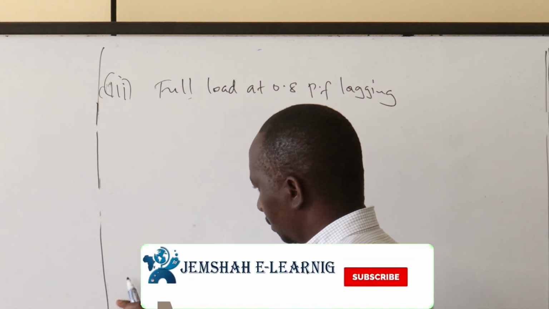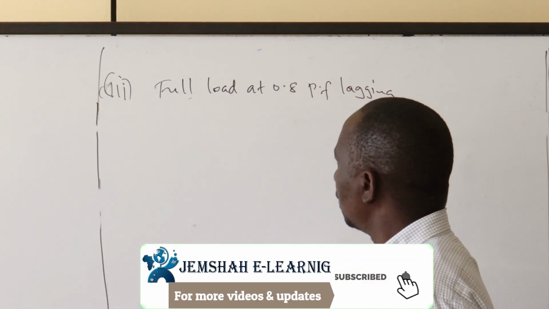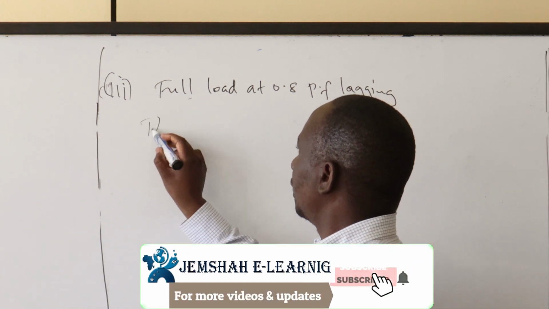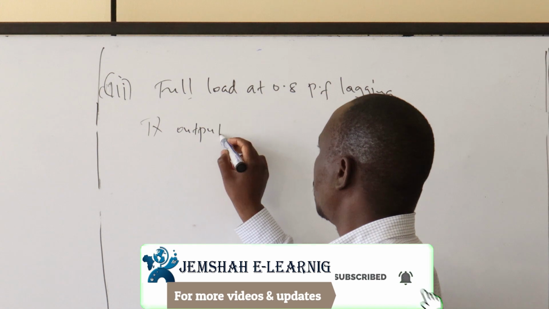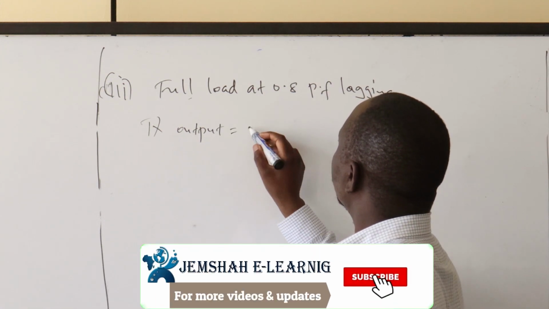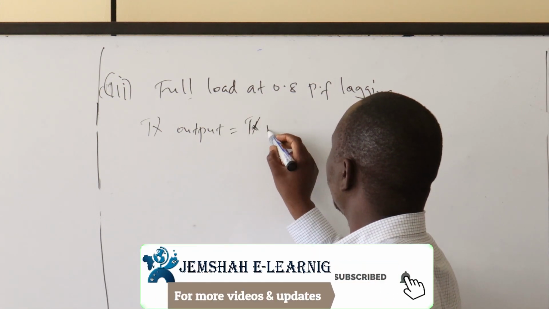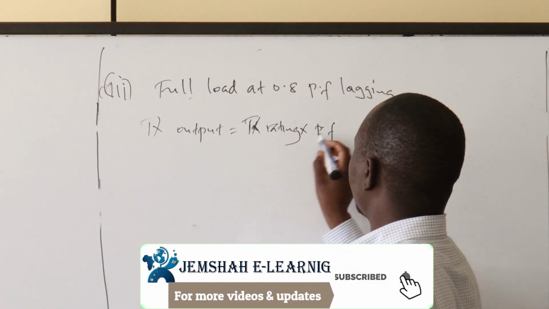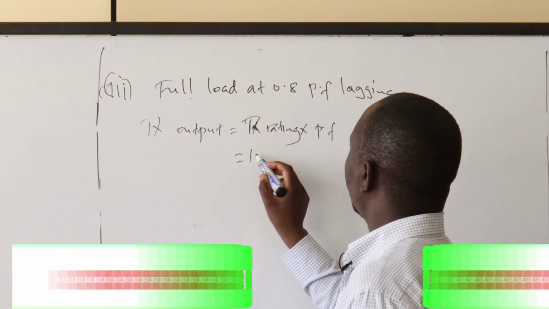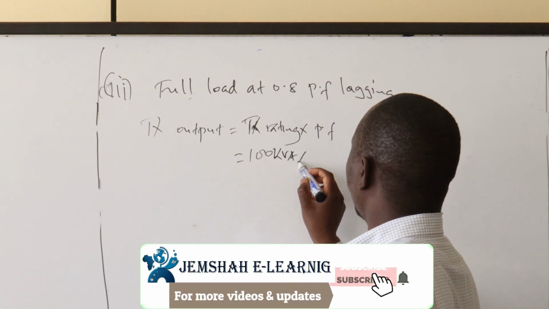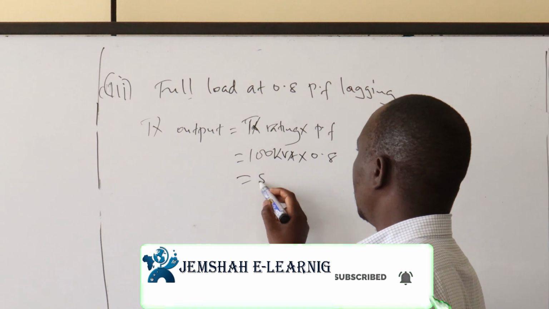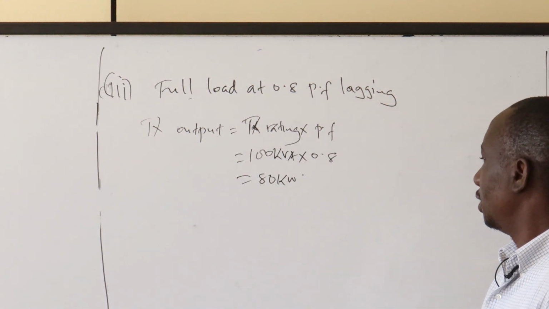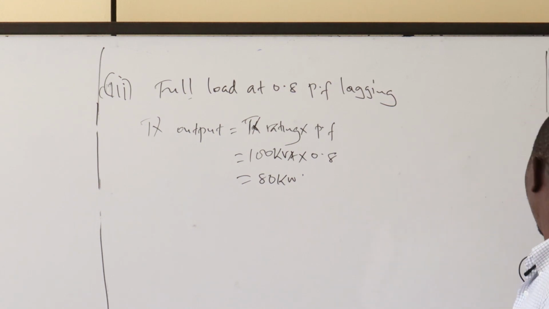So at 0.8 power factor lagging means that the transformer output will be transformer rating times the power factor, and this is 100 kVA times 0.8, which gives us 80 kilowatts.